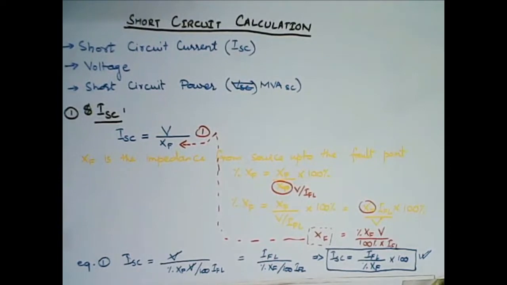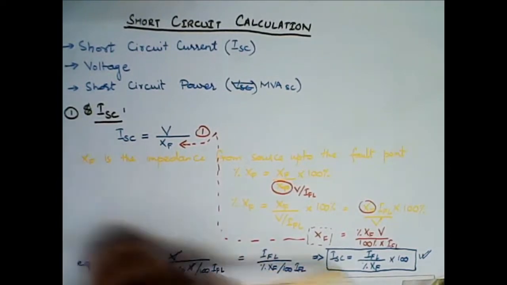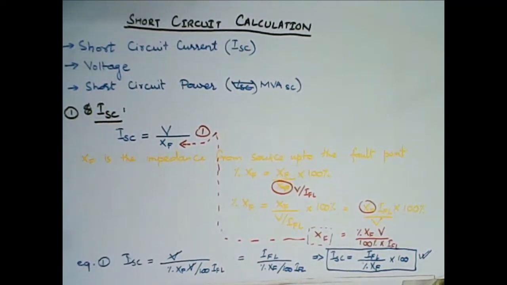If you have the resistance in the system also, then in all these places we will be using the value of ZF, and Z we know is equal to the square root of the sum of squares of resistance and reactance. That is, if we are using Z, then Z is equal to the square root of R squared plus X squared, right?